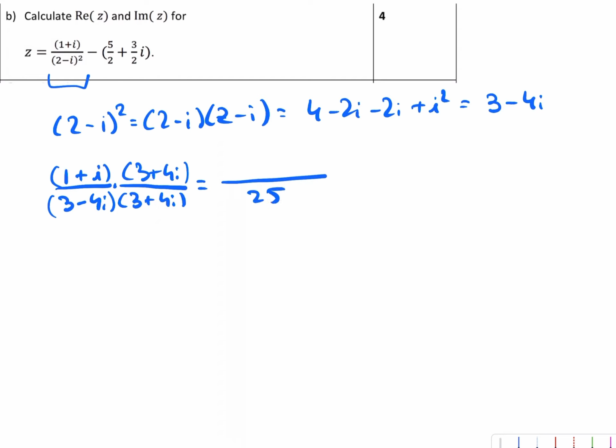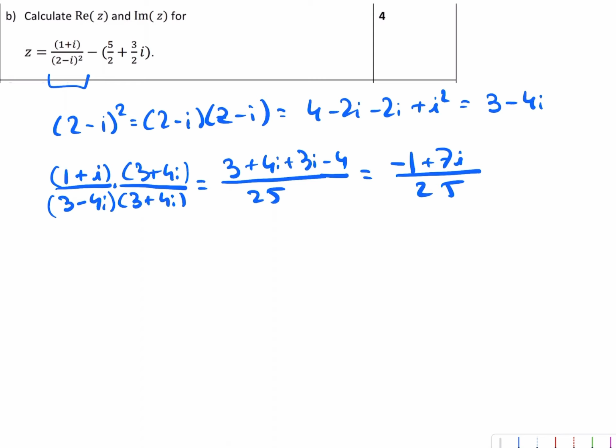And in the top, we're going to get 1 times 3, 3, 1 times 4i plus 3i. And then i times 4i is going to be 4i squared, which is minus 4. So this number is just going to be minus 1 plus 7i divided by 25.